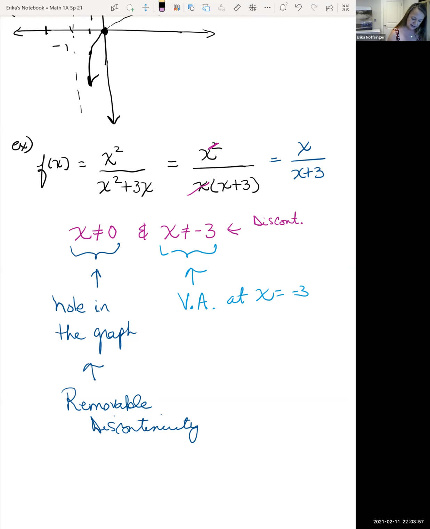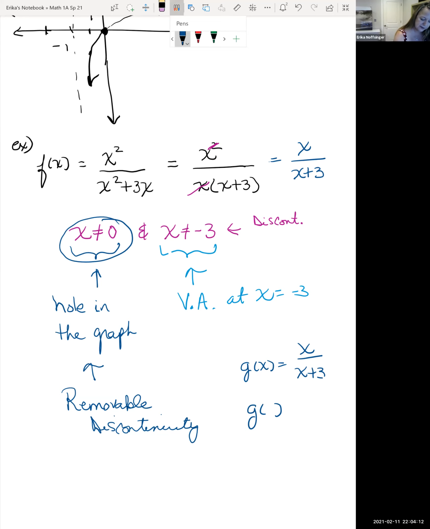So if I say g of x is equal to the simplified form, x over x plus 3, and I'm saying it's discontinuous at 0, let's plug in 0 here wherever we see an x in the simplified form and see what we get back. And so doing that, we get 0 all over 0 plus 3.